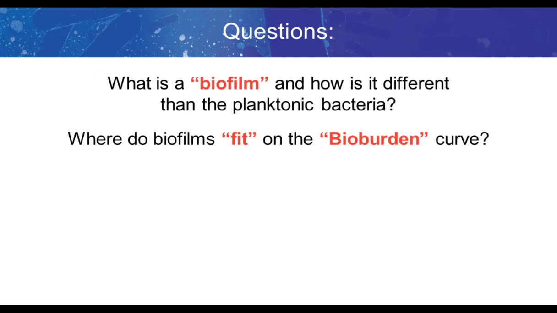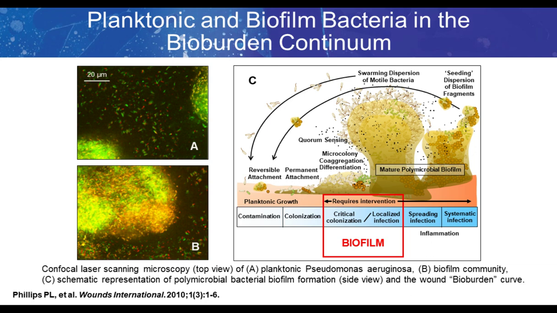So what is a biofilm, and how is it different than the planktonic bacteria, and how does it fit into this bioburden curve? In this slide, you can see in panel A a light micrograph of a culture of predominantly planktonic single bacteria. Those are all those little red or green rods or cones.